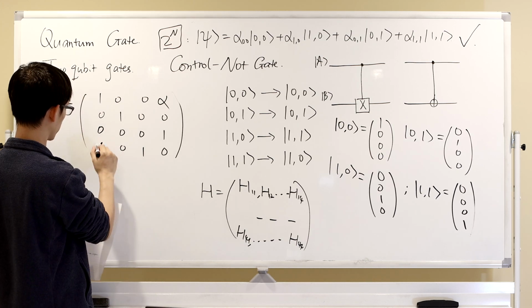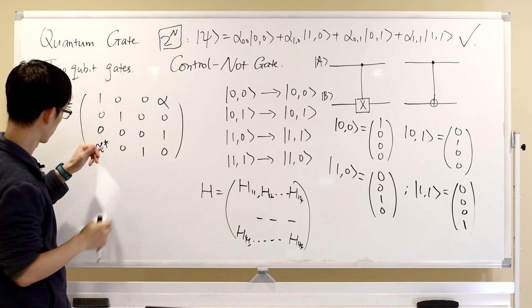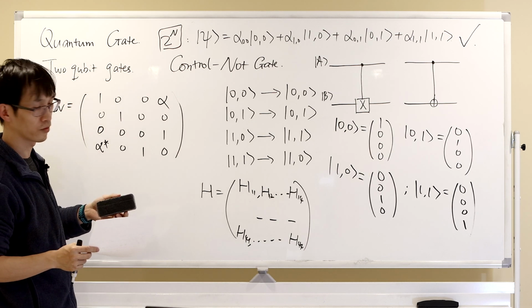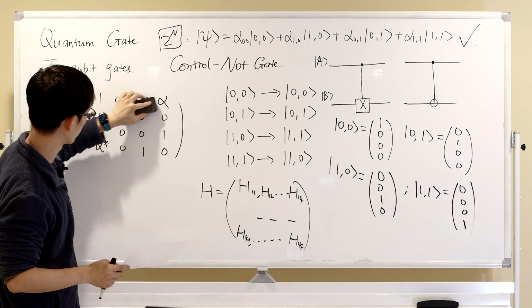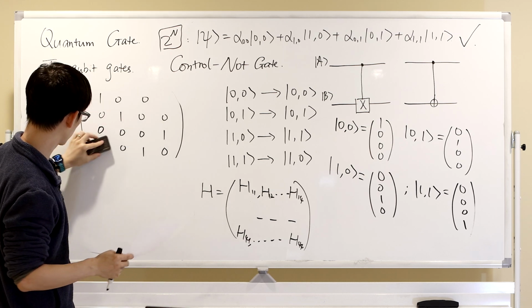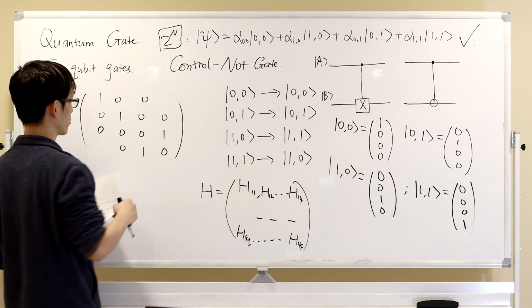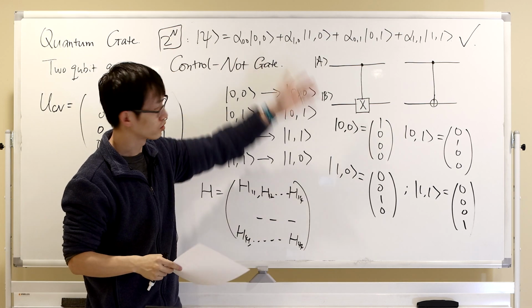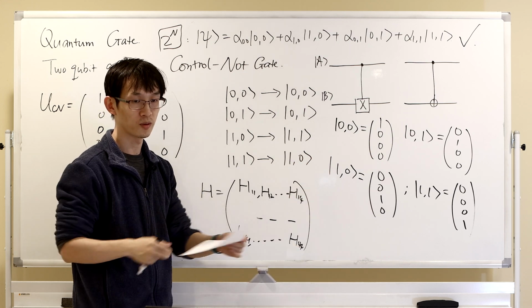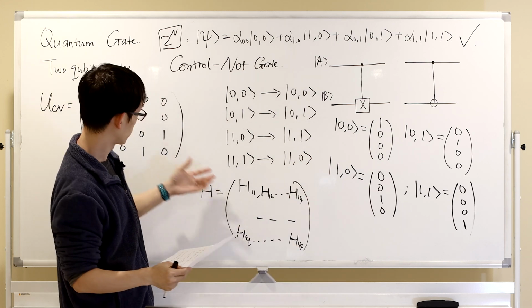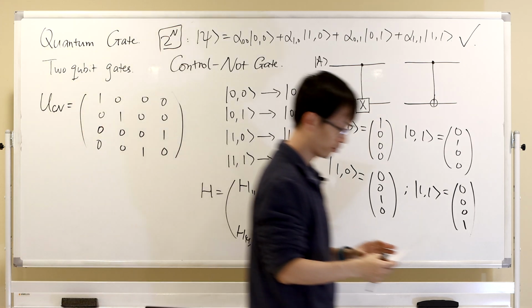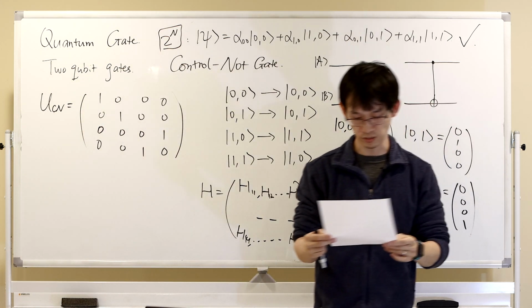Sometimes it's alpha squared, alpha conjugate. So there are some quick tricks to figure out what the matrix will look like. But for this class, there's no point to torture you guys, so we will stay in a 2 qubit system, so the maximum matrix you will solve is 4x4, and that's very, very simple.